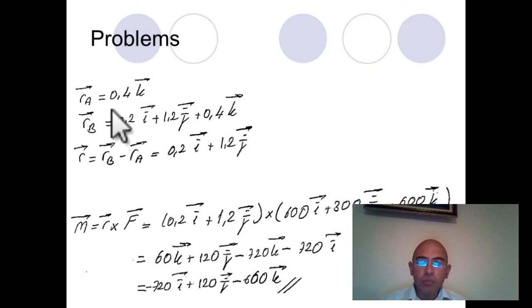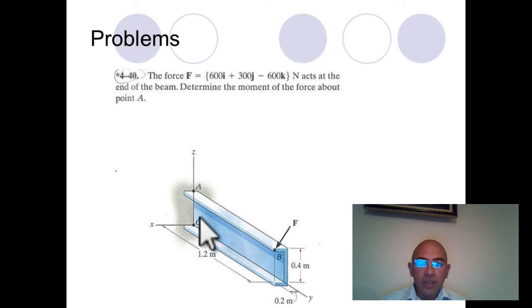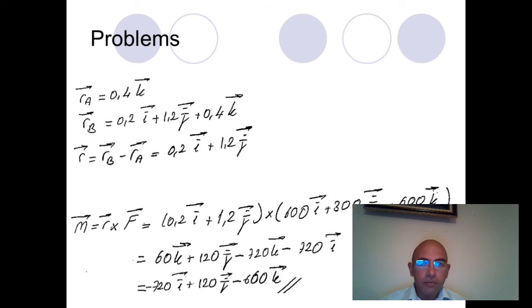Now let's write the position vector of A first. In fact, RA is equal to 0.4 k vector. As you see, both point A and O are on the same axis, therefore it is just the height. Now RB is equal to 0.2 i plus 1.2 j plus 0.4 k.